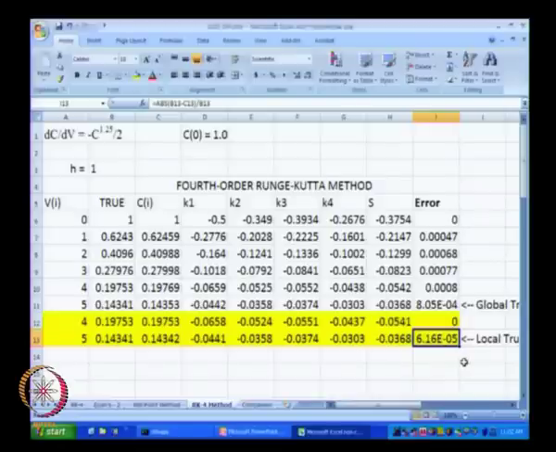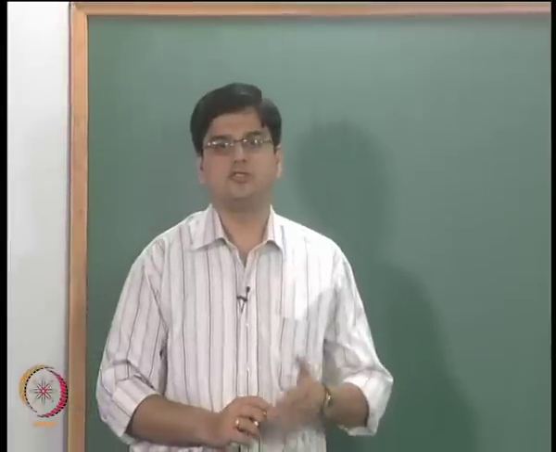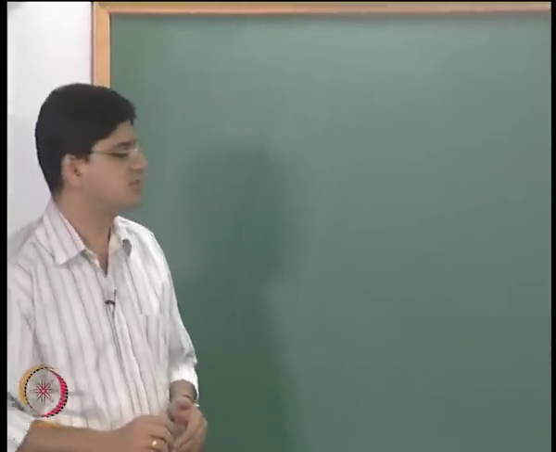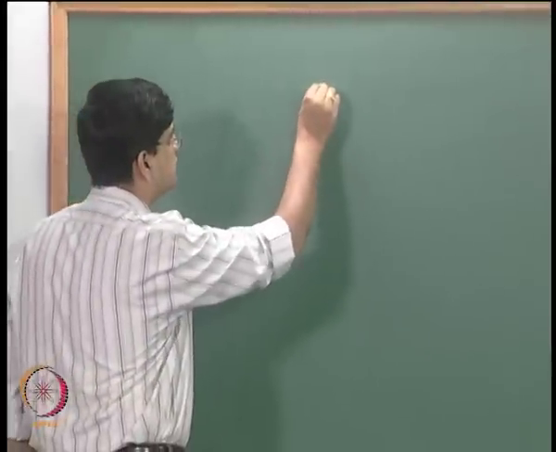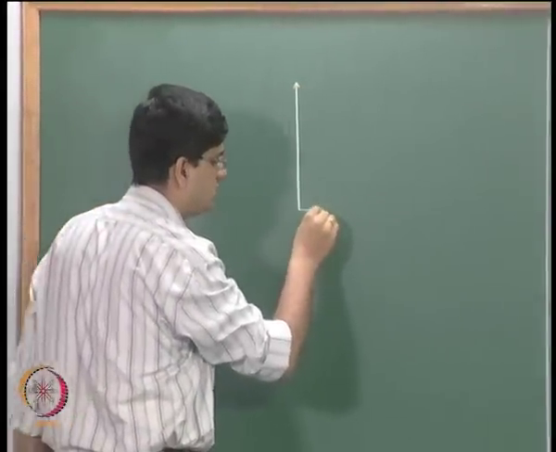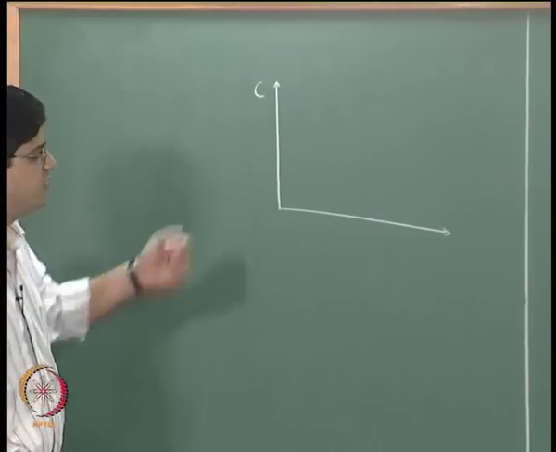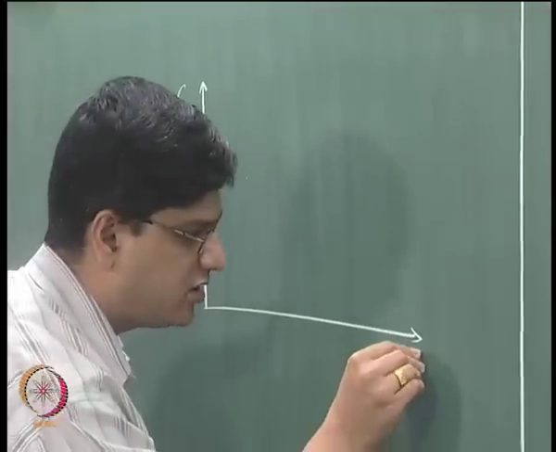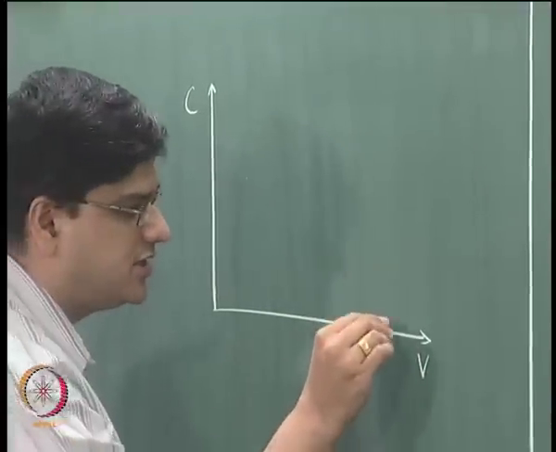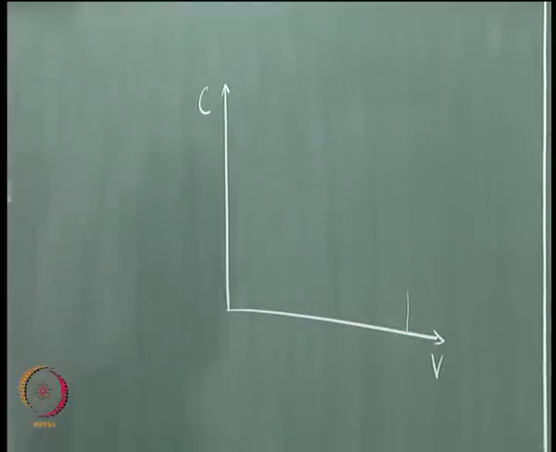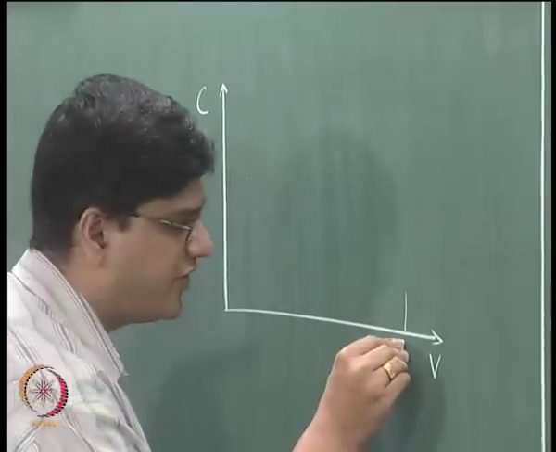So I will just go back to the board and discuss a little bit more about global and local truncation errors. I will not do the derivation, but essentially give you the results for the Runge-Kutta family of methods. Okay, so what we saw in the Excel sheet just now is this: we wanted to compute how the value of concentration changes with the volume, and we were interested in calculating the value of concentration at volume V equal to 5.